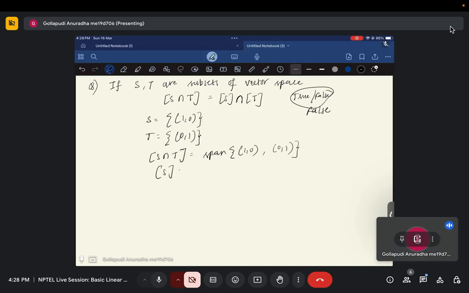Span of S will be span of (1, 0), and span of T will be span of (0, 1). S intersection T is phi, meaning no common element is there. So it is span of phi, the null set.